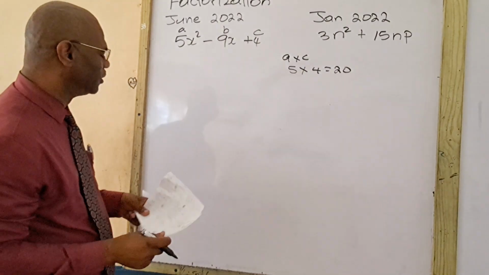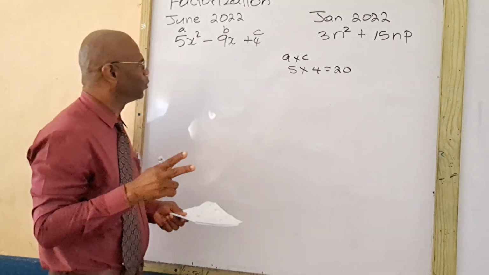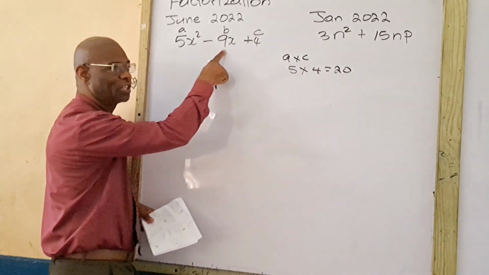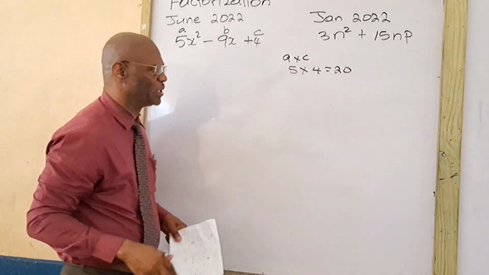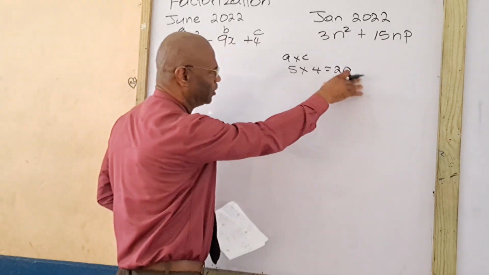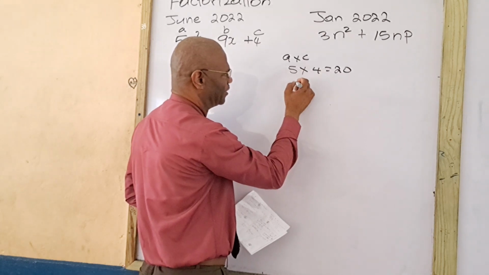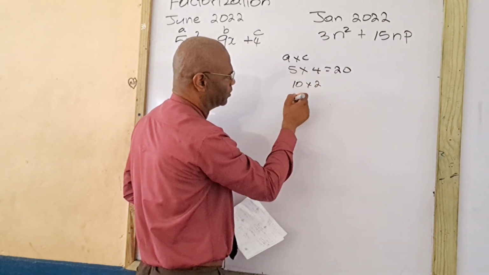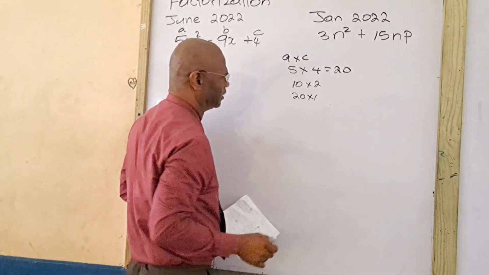We now need to find two numbers that will multiply to give us 20 and add to give us negative 9. Right? So what we can do now is take the factors of 20. Right? So we have 5 times 4, what else? 10 times 2, and 20 times 1.